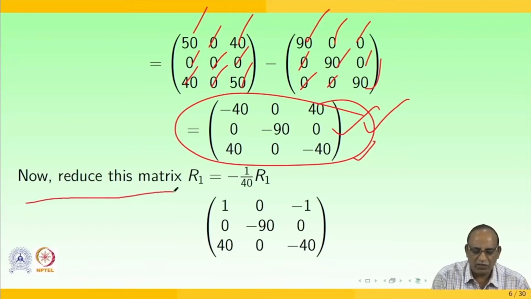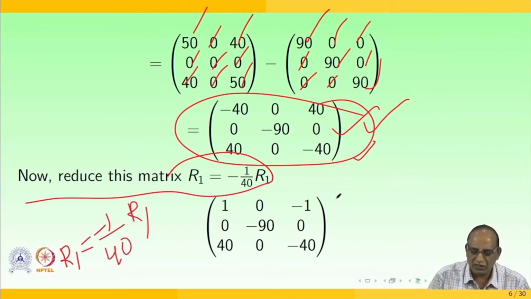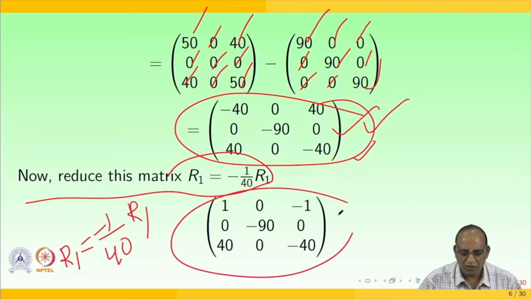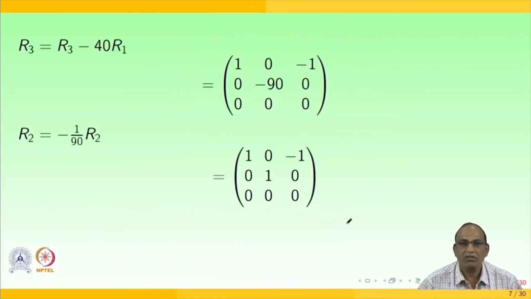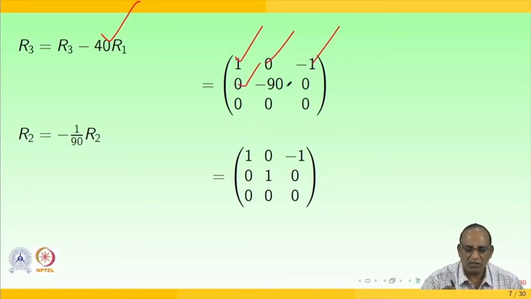Now reduce this matrix: R1 is equal to minus 1 over 40 times R1. That means it takes this form: 1, 0, minus 1, 0, minus 90, 0, 40, 0, minus 40. And R3 minus 40 R1 gives R3, that is 1, 0, minus 1, 0, minus 90, 0, 0, 0, 0.